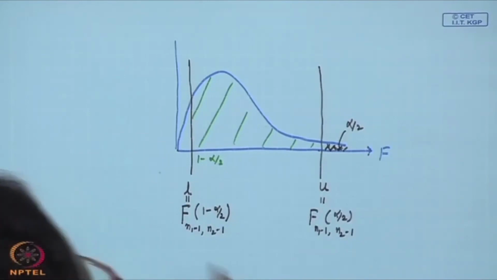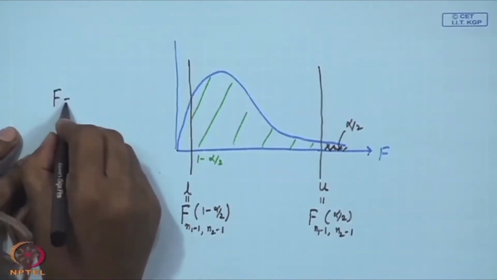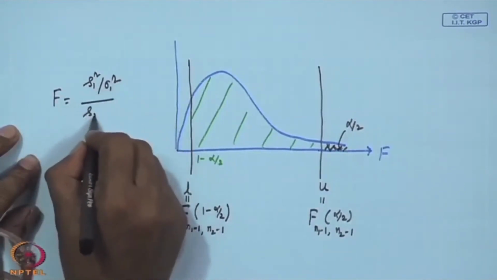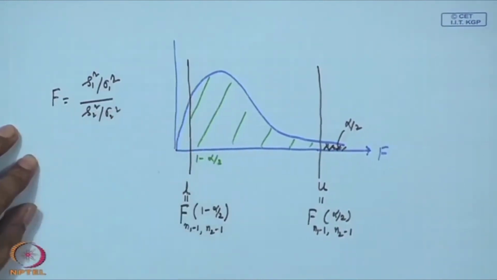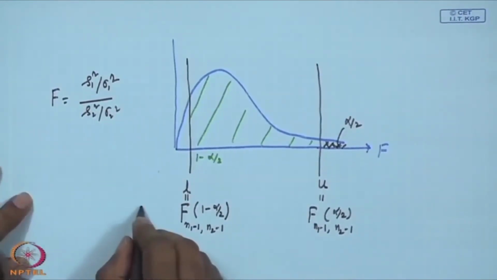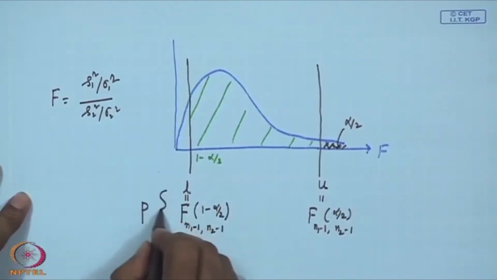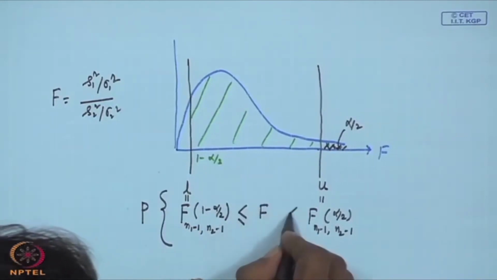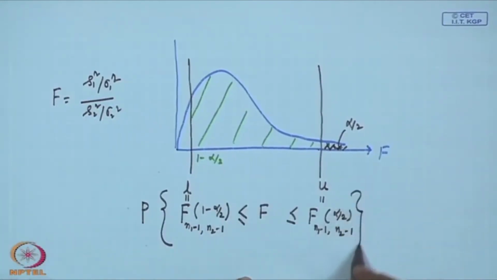Now, again you know that F equals S1 square by sigma 1 square divided by S2 square by sigma 2 square, and also we say that the probability that this quantity is less than or equal to F less than or equal to this quantity equals 1 minus alpha.